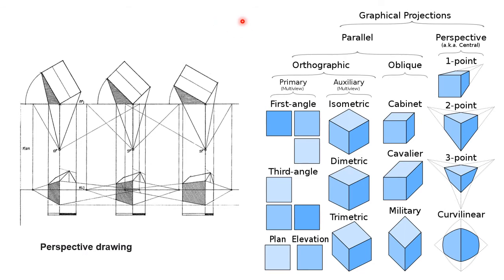In the graphic arts, perspective is another sort of projection drawing. A perspective drawing is an approximate representation of an image as perceived by the eye, usually on a flat surface.